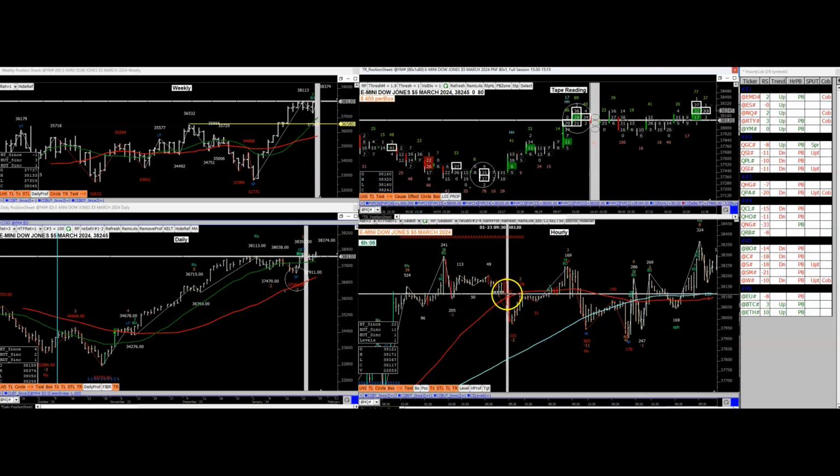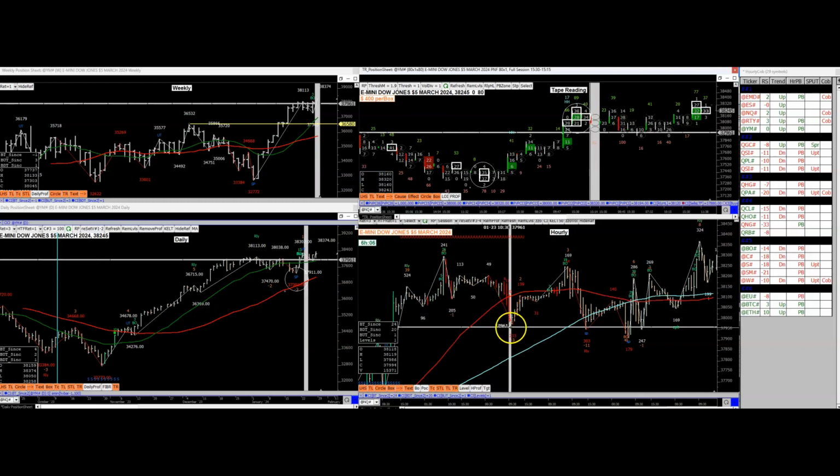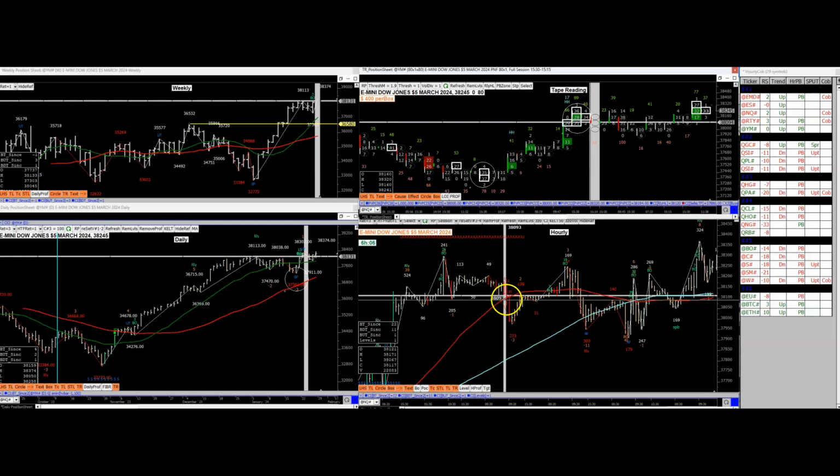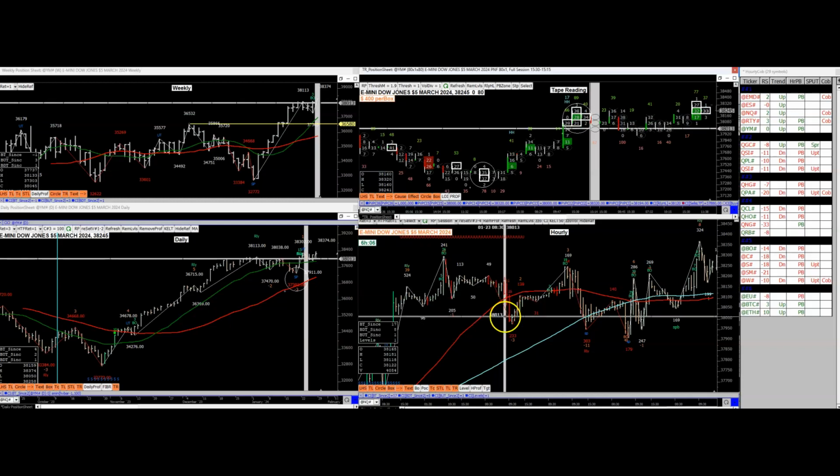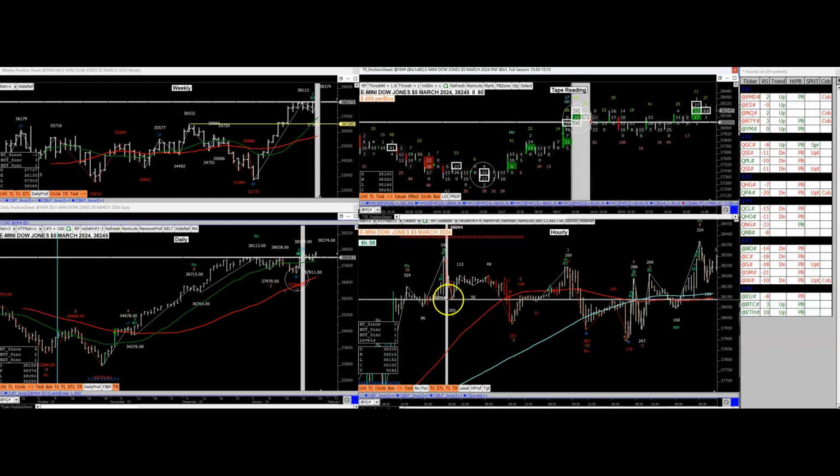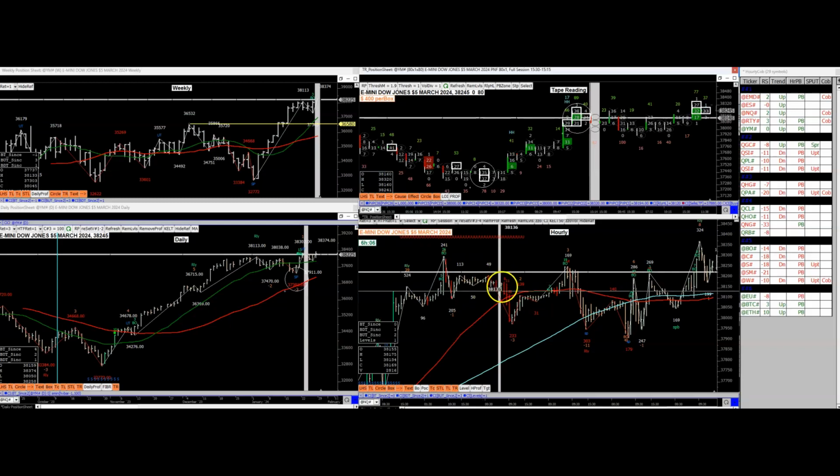Look at the ease of movement that just blows through the supports. This is the biggest bar in 24 bars. It's the biggest bar in 22 bars. And before that, biggest bar in 17 bars. So these big bars, and they're growing and growing and growing, were able to quickly take out these supports, right?